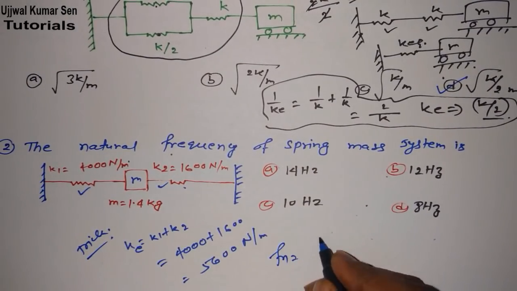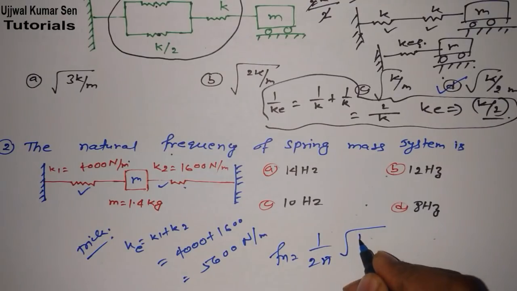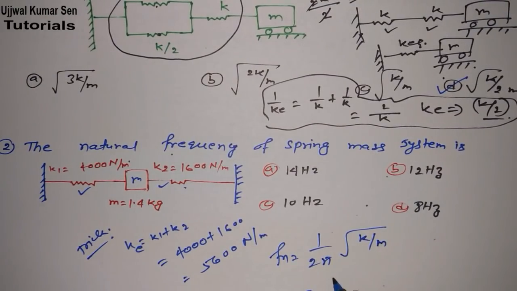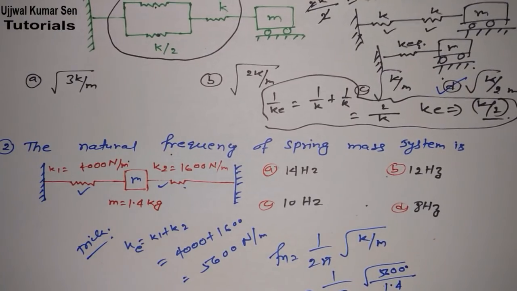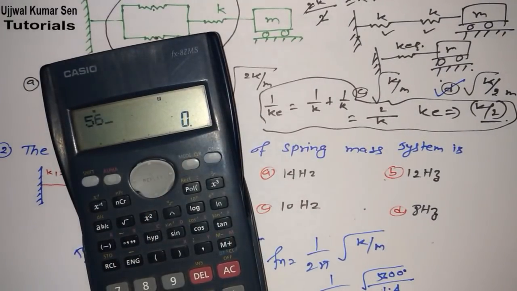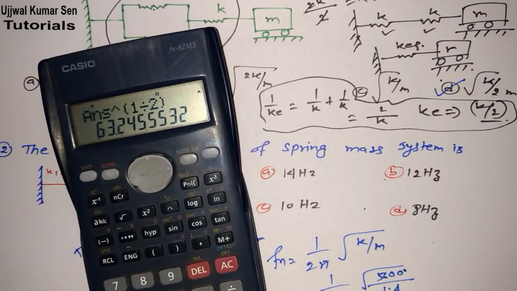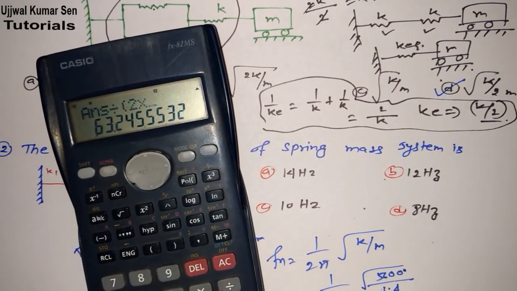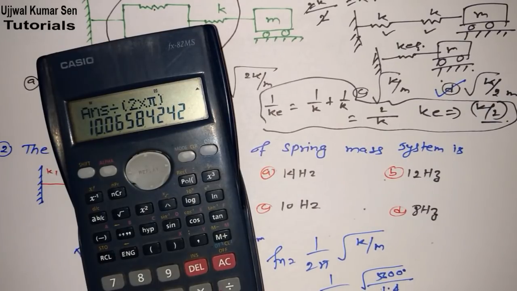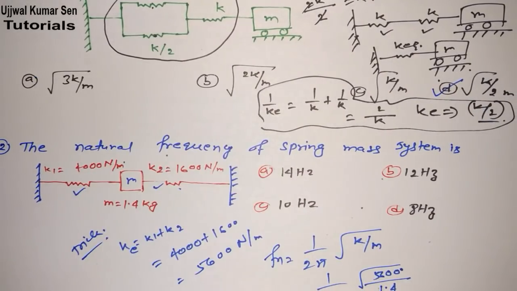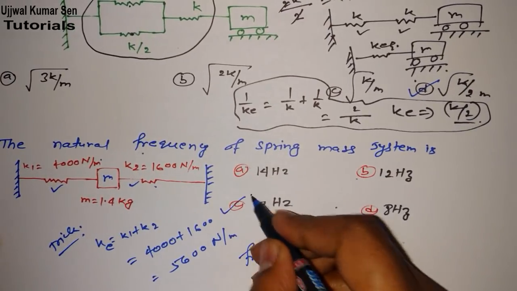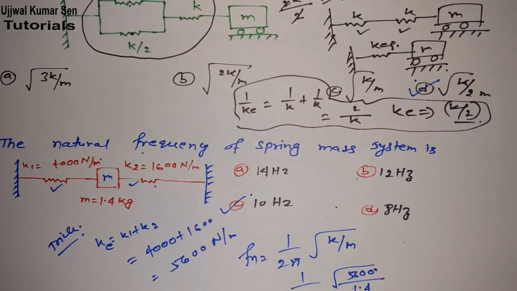So we can say fn is equal to 1/2π root under k/m. So 1/2π, k is 5600, m is 1.4. So let's find out: 5600 divided by 1.4, then 1 divided by 2 multiplied by π, so it's 10.06 hertz. So which one is the right answer for this question? Option C is the right answer for this question.